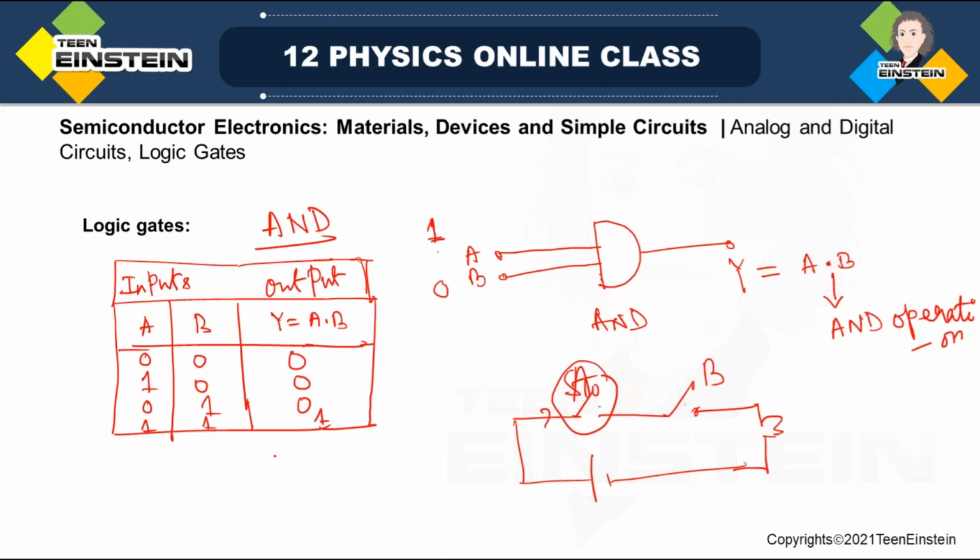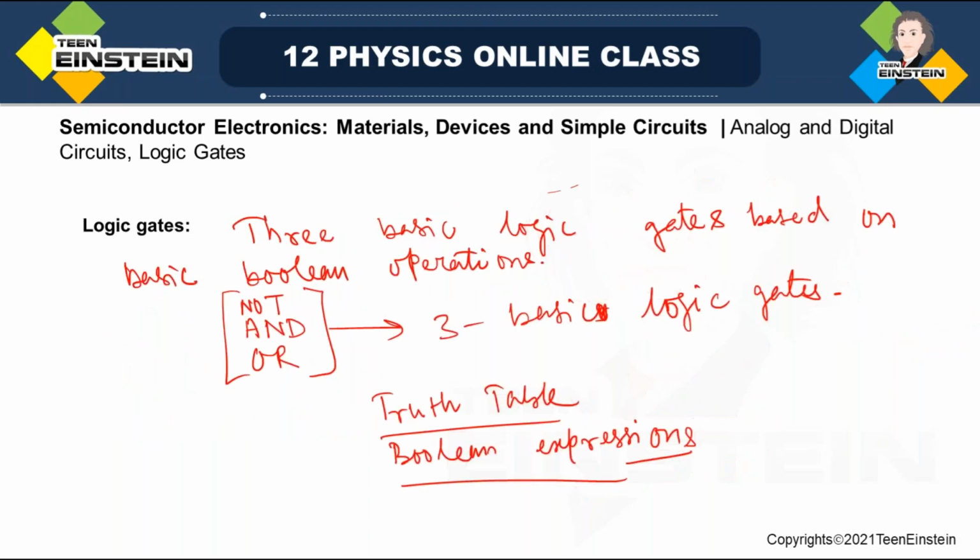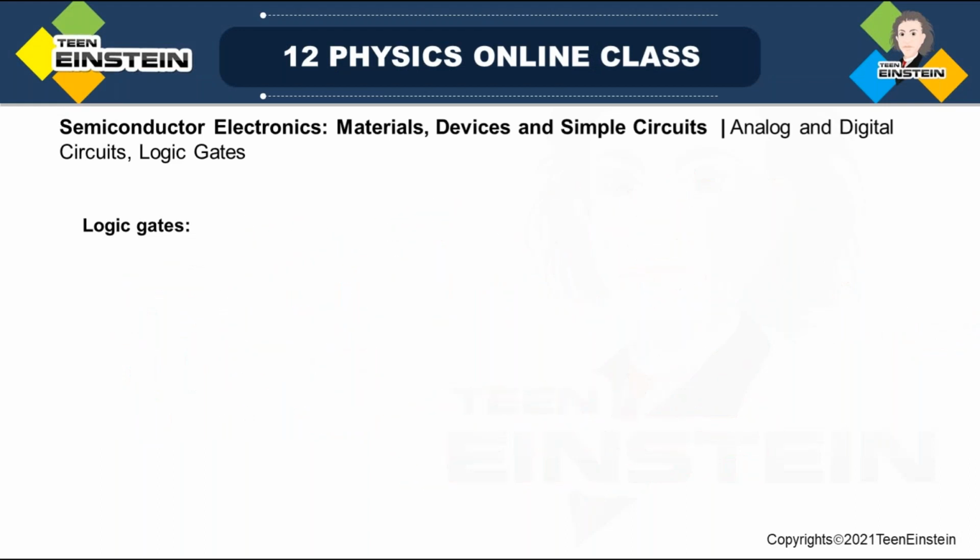If both are closed, then only the bulb will glow, otherwise not. If one is open, another one is closed, then in this condition there will be no output at all, or there will be no glow in the bulb. So in terms of Boolean expression, this is Y equals A AND B. Okay, this is the output. Now we'll go to the last one, let me clean this portion. So the last one is OR gate.